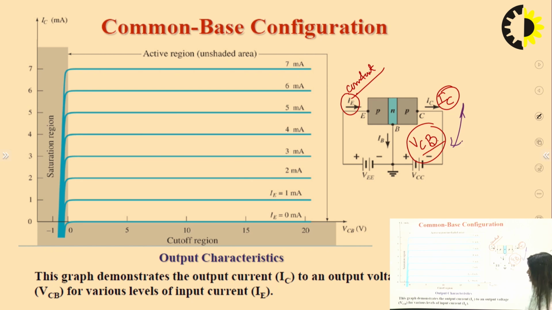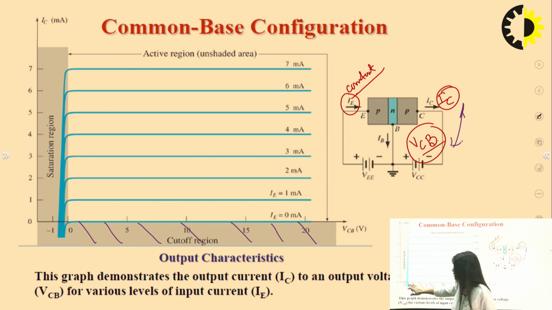Now coming to the characteristics of the common base configuration, here this is the cutoff region. That means in the cutoff region there is no current as we are increasing the VCB. The transistor is working in the cutoff region and the current value is 0.